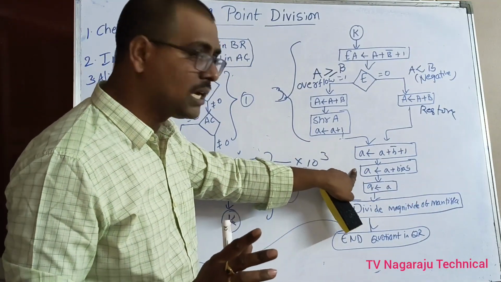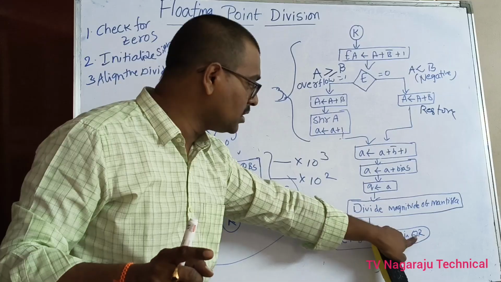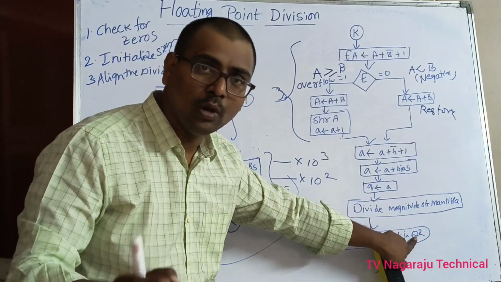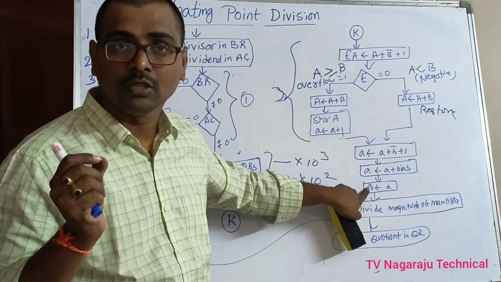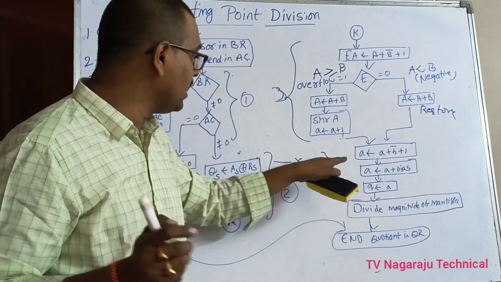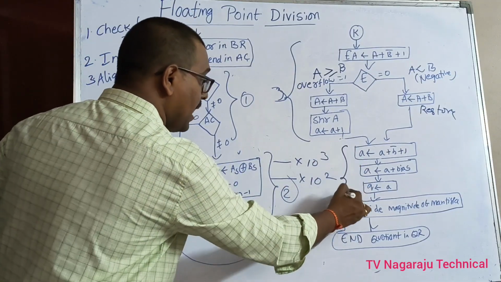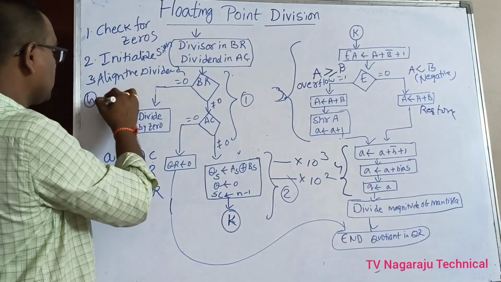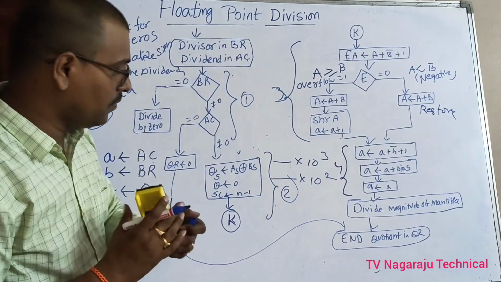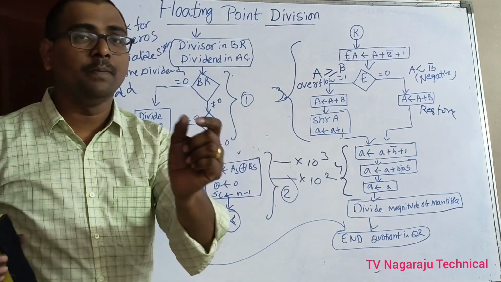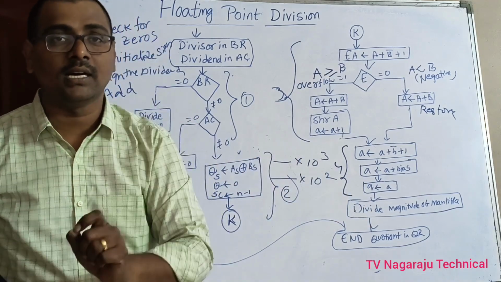Okay, that step is completed. I already said my result is stored in QR, so the exponent is also stored in Q. Finally, adding the exponents is also completed. And the last step is you need to perform the division operation between the mantissas.